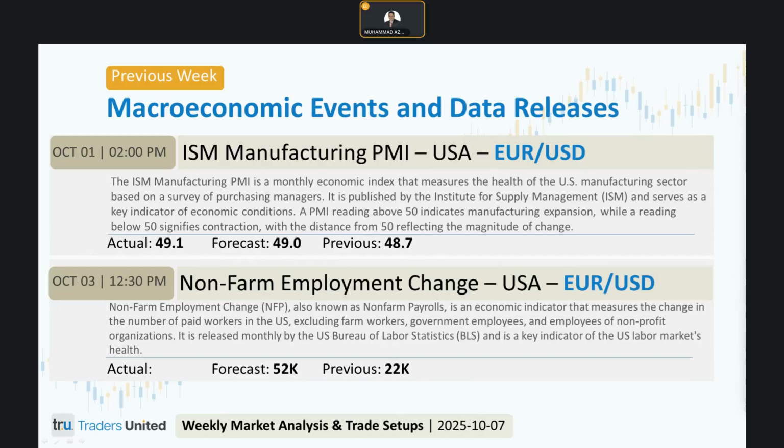The ISM Manufacturing PMI released this Wednesday at 2 p.m. UTC time. This report is a cornerstone for gauging the health of the USA industrial sector, with the index stuck in contraction territory below 50. Forex traders were watching closely to see if a rebound was on the horizon.